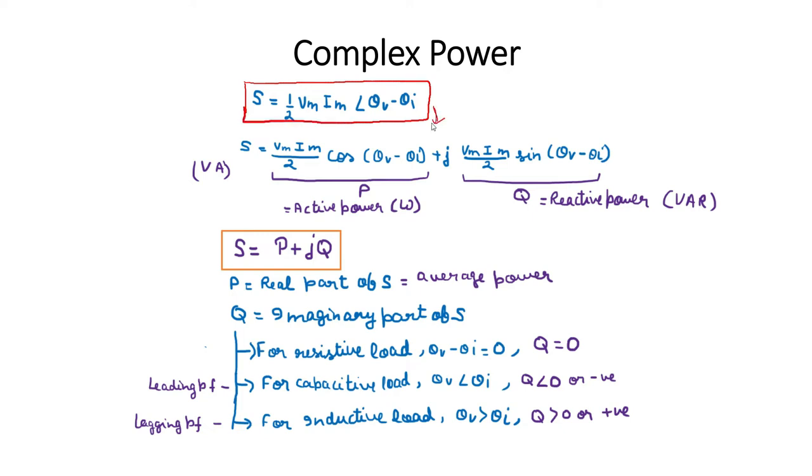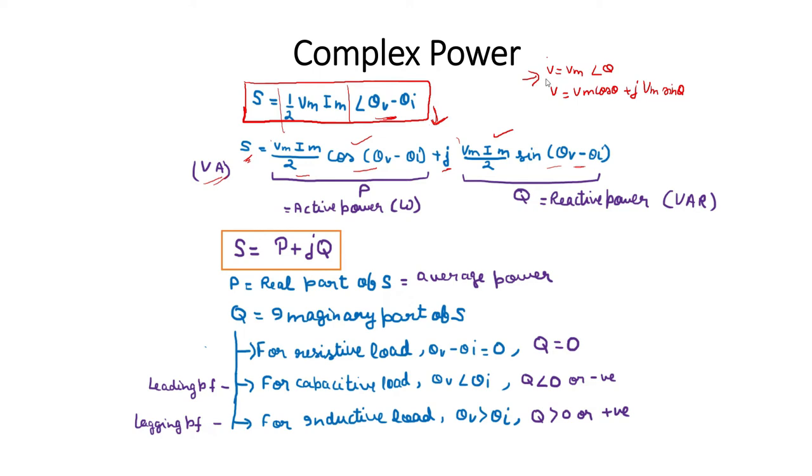Now we will write it in complex form, meaning using the j term. The complex power S, whose unit is volt ampere, can be written as the sum of a real term and an imaginary term. Here the magnitude is half Vm into Im, the real term is equal to magnitude into cos of this angle, and the imaginary term is equal to magnitude into sine of this angle.